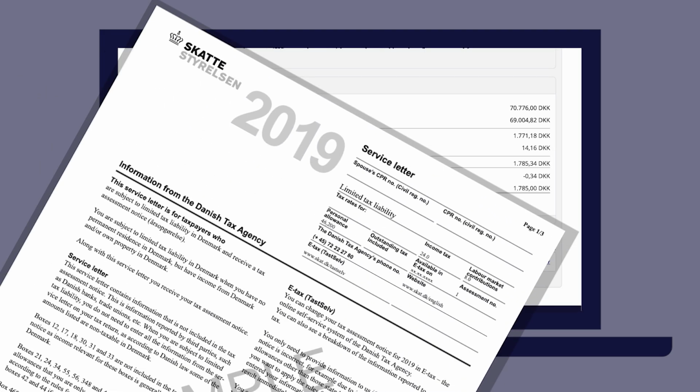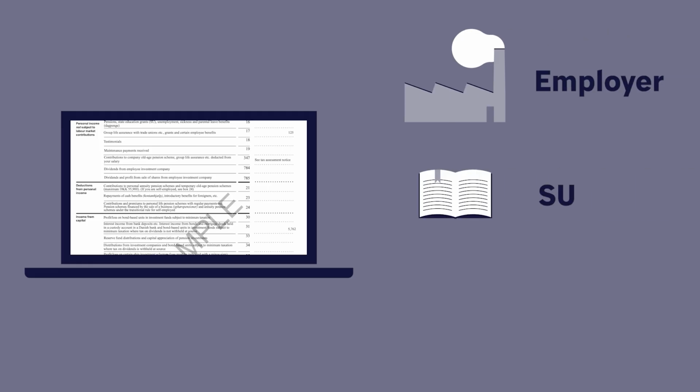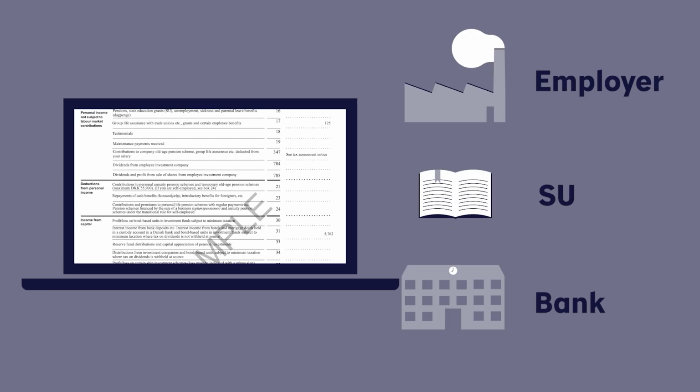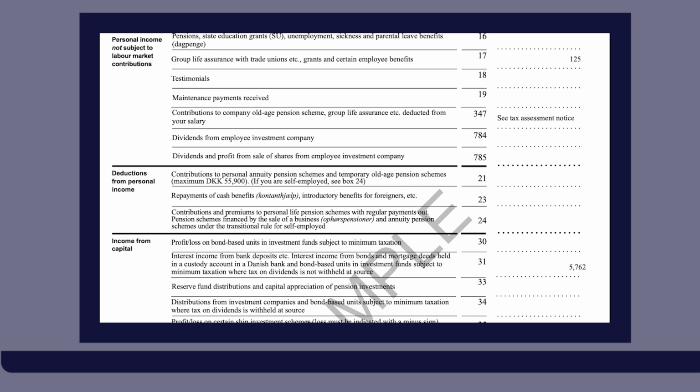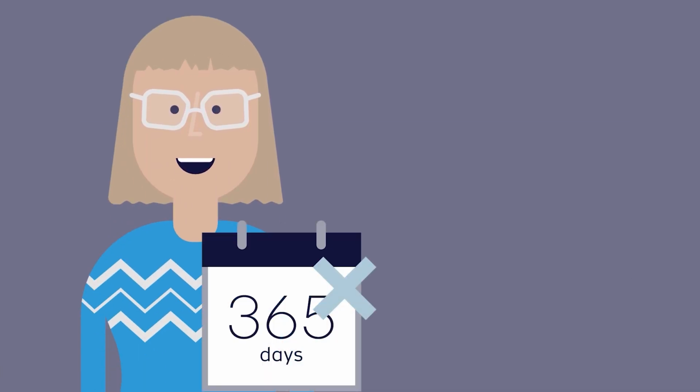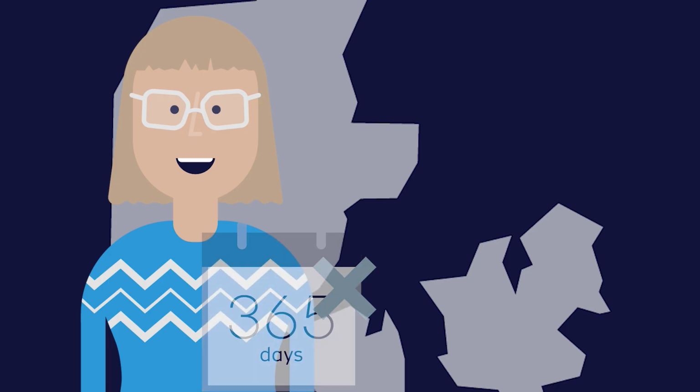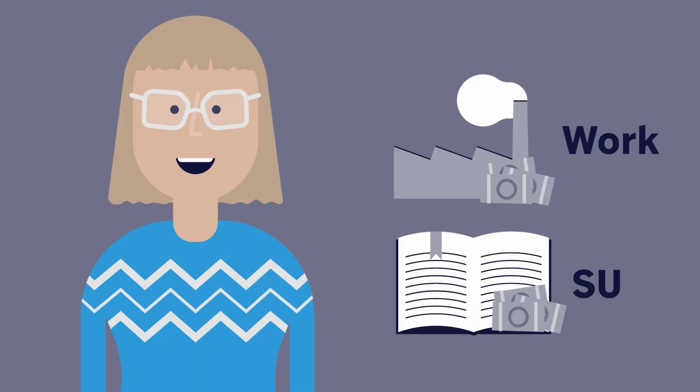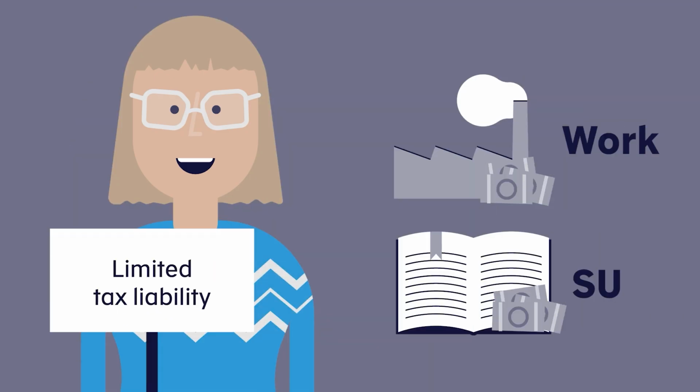Your service letter includes information reported by your employer, SU or bank, for example. Here, you will find the information in the box numbers that correspond to Form 04076. If, during your first 365 days in Denmark, you work and receive SU, you are subject to limited tax liability in Denmark for the period you have income.